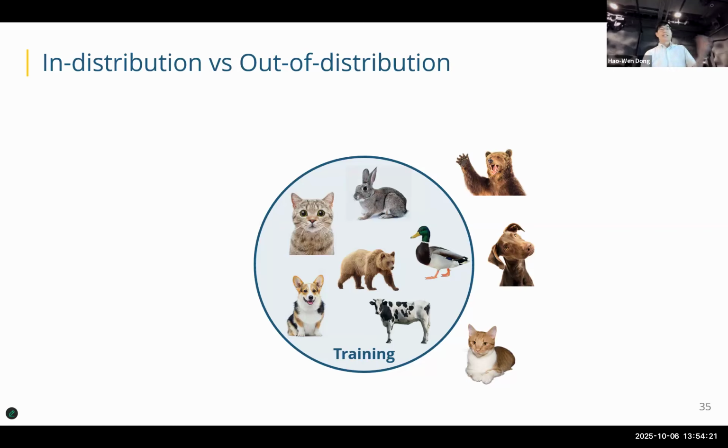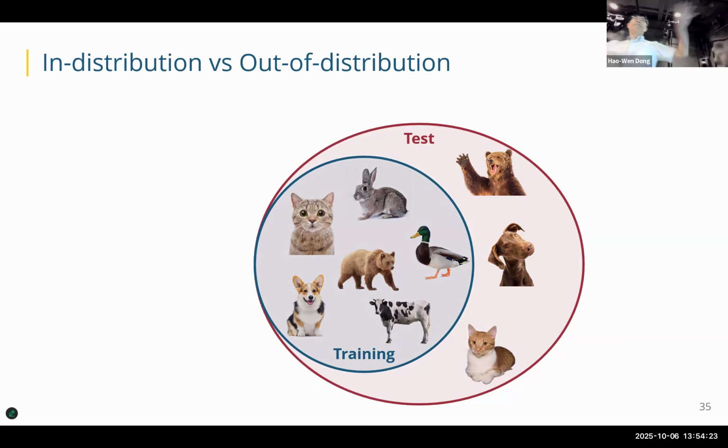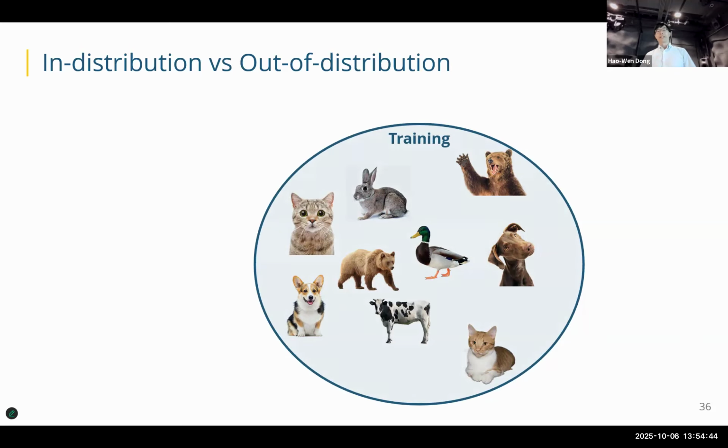So in this case, the training and test might be similar, but they could be different. So now you could imagine, if we want to include all different diverse perspectives or different angles of the image, or any poses, then you might just include everything in your training data set.